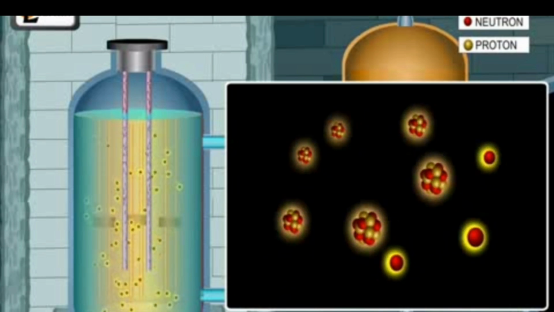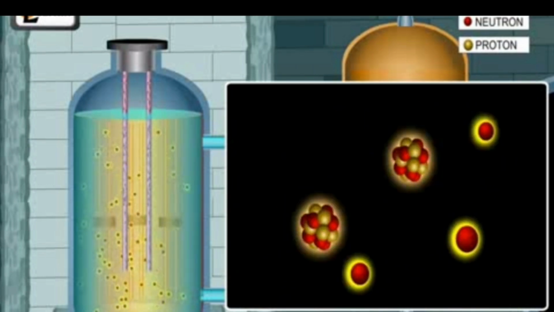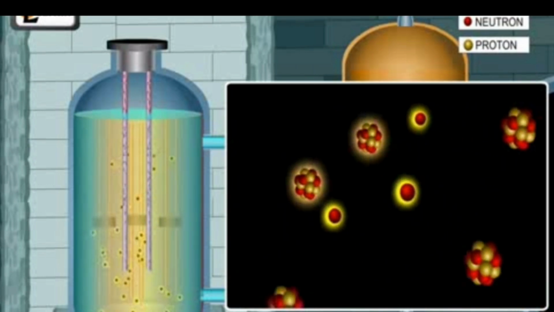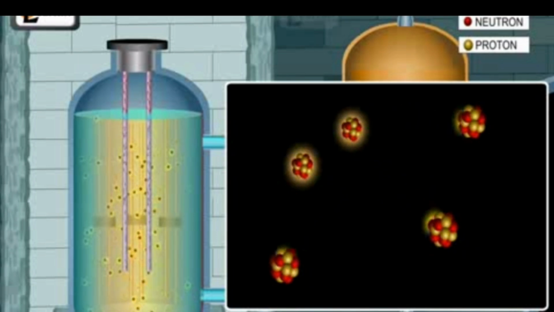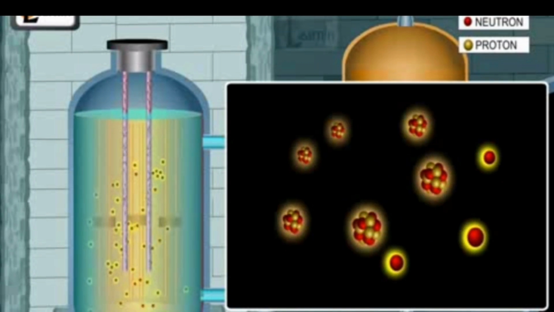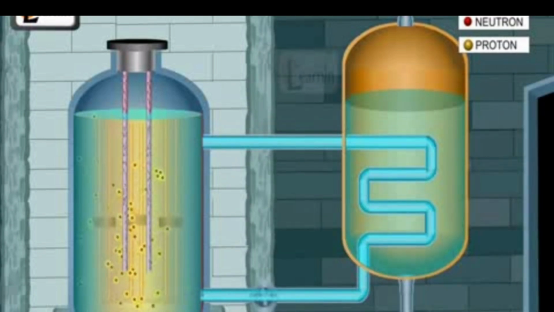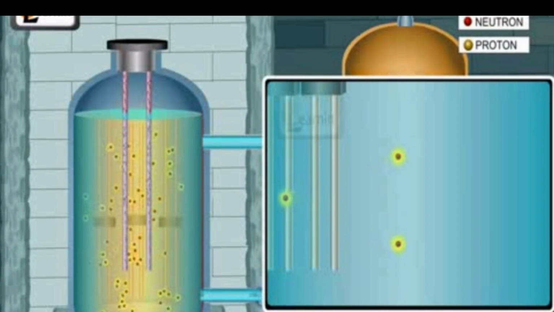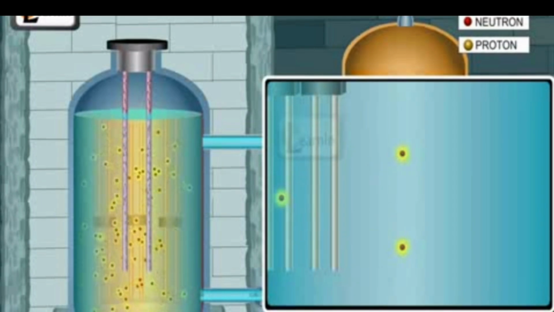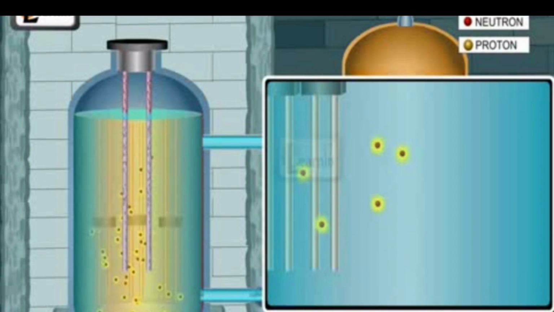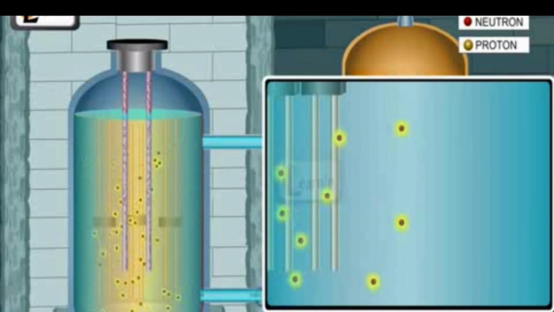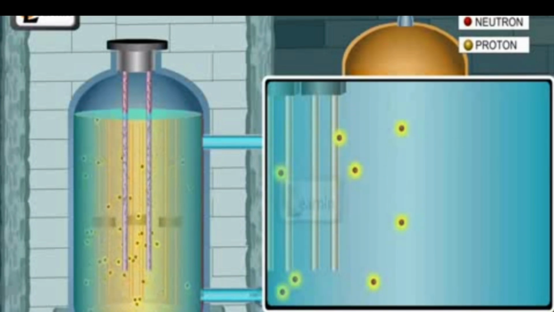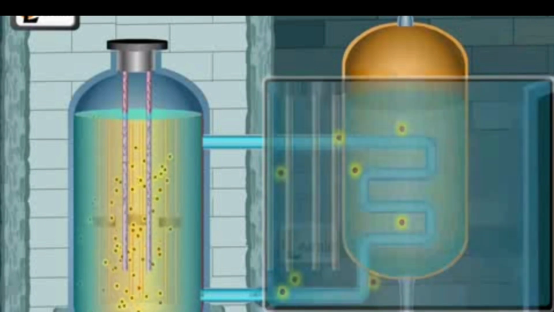The three neutrons collide with another atom, and again three neutrons are produced. For one reaction, 2 or 2.5 neutrons are produced. On average, we can take 2.5 neutrons produced by the reactor.